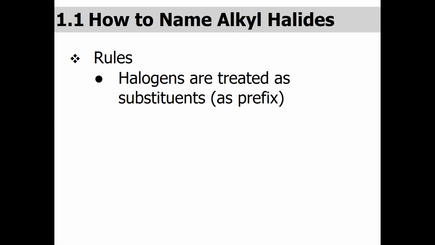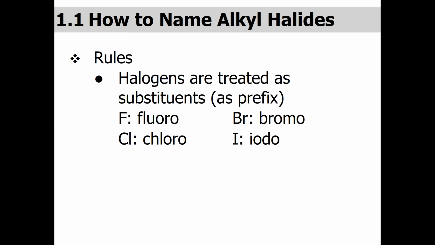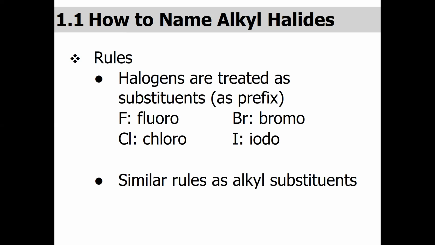The first rule is that halogens are treated as substituents, as a prefix. It means halogens cannot be the parent chain. It will always be read as halo, meaning chloro, bromo, iodo, when it is directly bonded with any alkyl chain. For example, fluoro, bromo, chloro, or iodo.